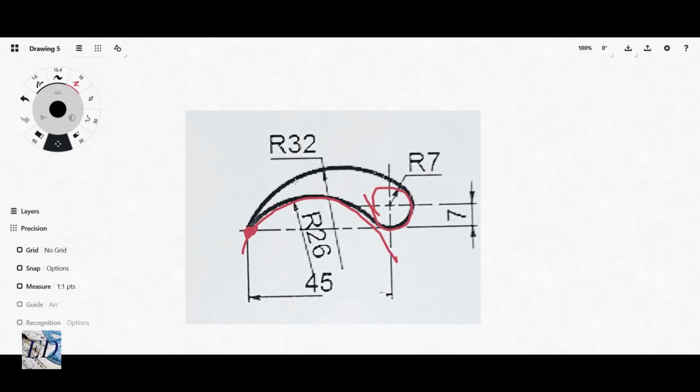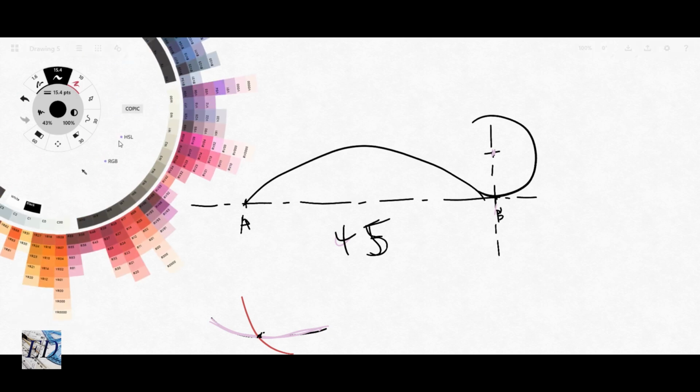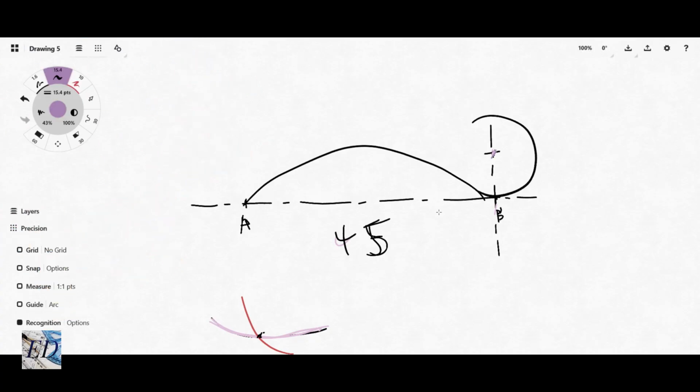So you come here with your compass, and with a distance of 32 minus 7, giving us 25, you draw an arc.